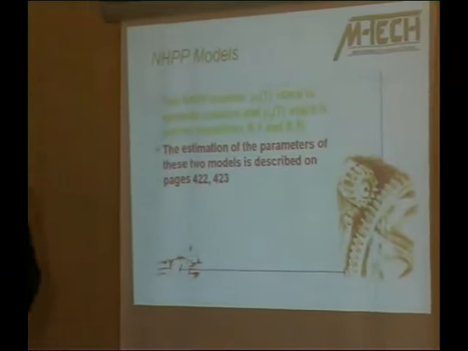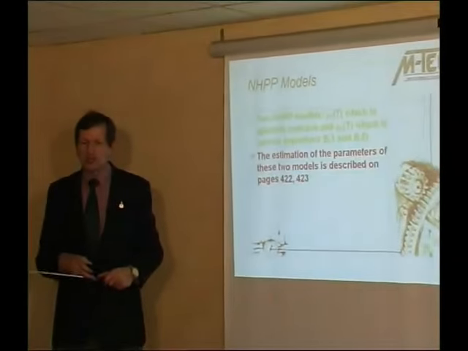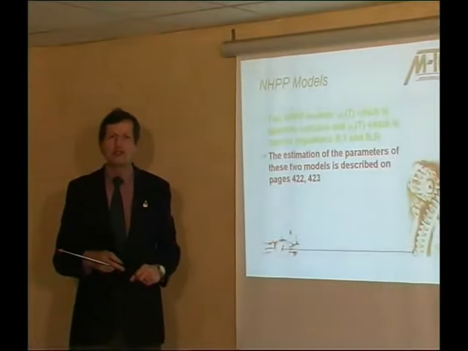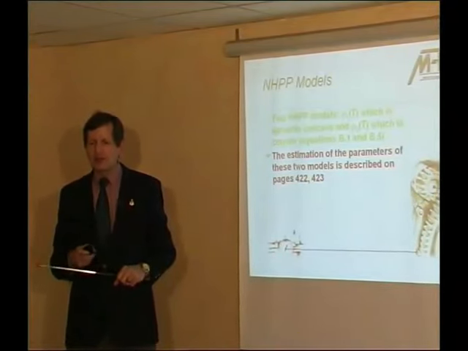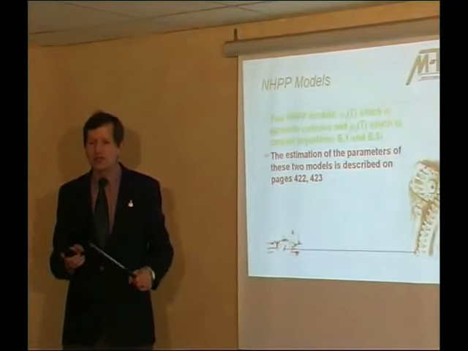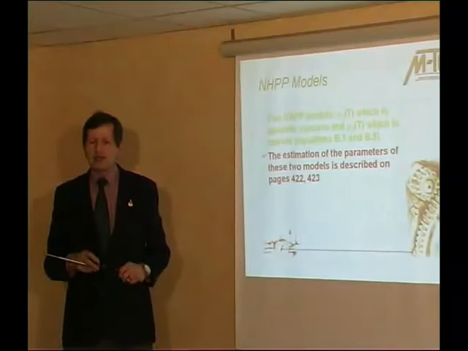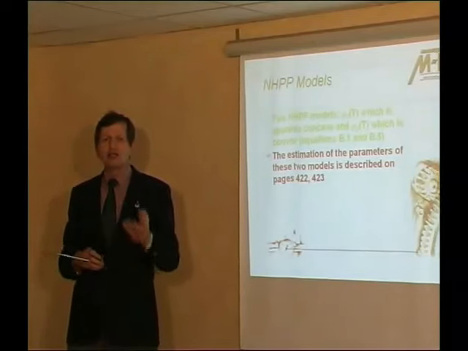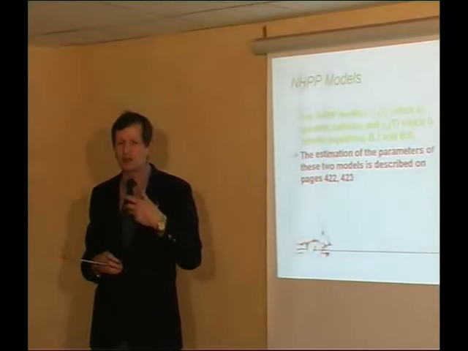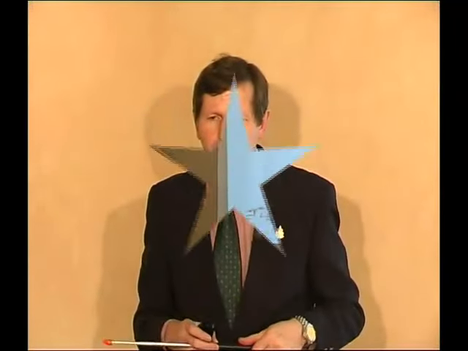The estimation of the parameters of these two models is described on pages 422 and 423. And we will now be quickly looking at the two models and the functions that are inherent to the models, and also how we estimate the parameters of the models.